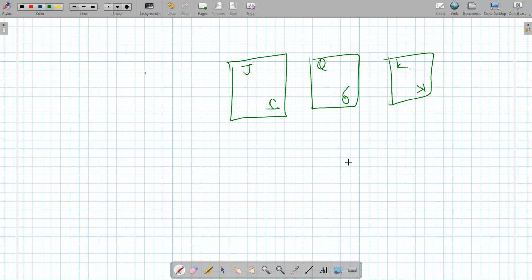So what's the probability you pluck a face card from a standard deck? Is it 4/13?